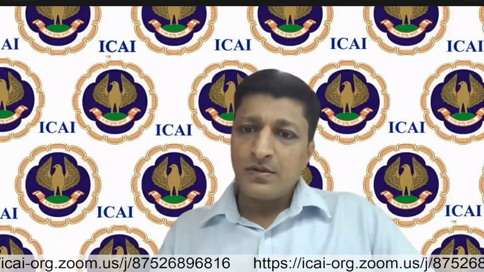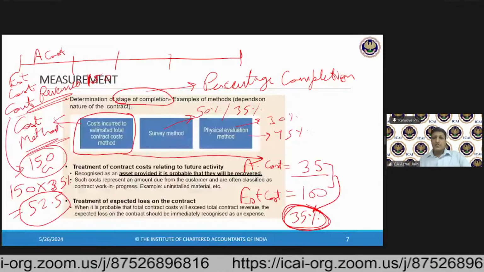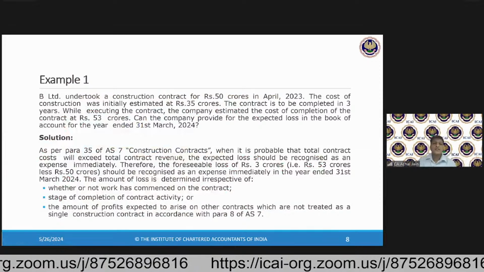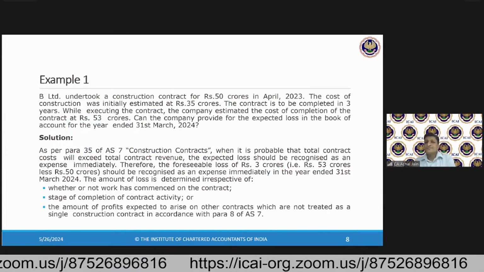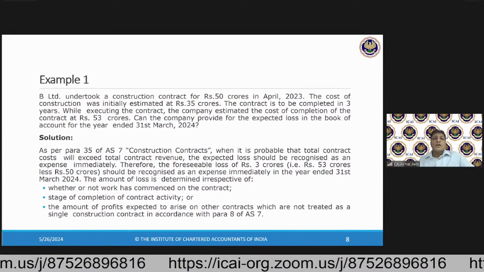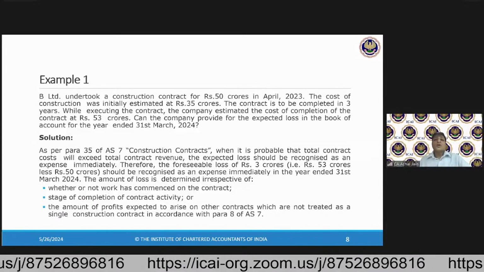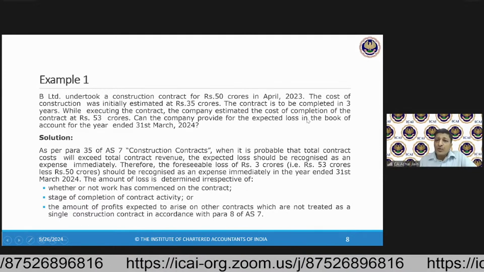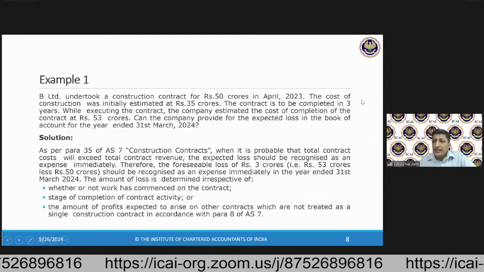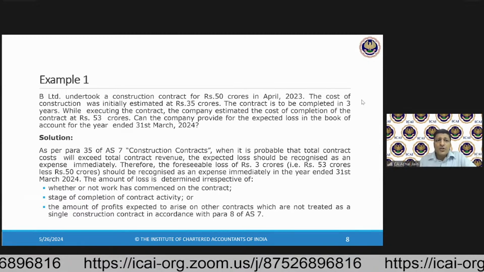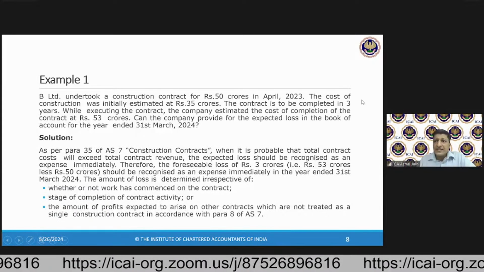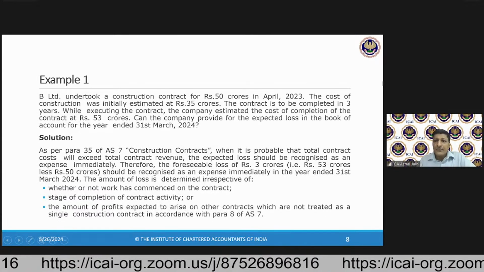So now we'll pick up examples. Let's look at this example. B Limited undertook a construction contract for 50 crore in April 2023. The cost of construction was initially estimated at 35 crore.